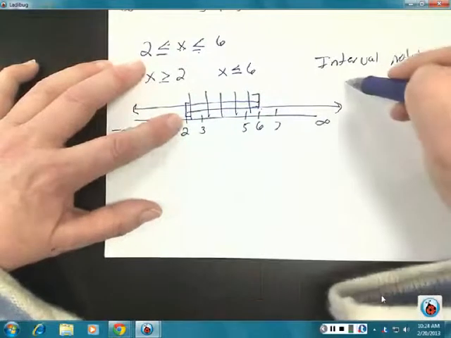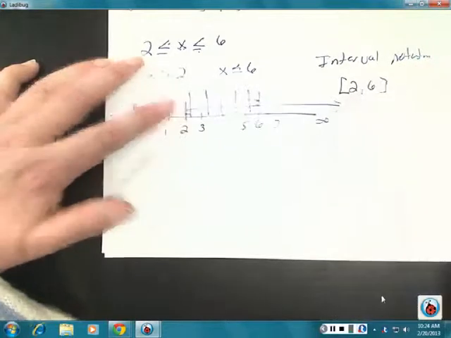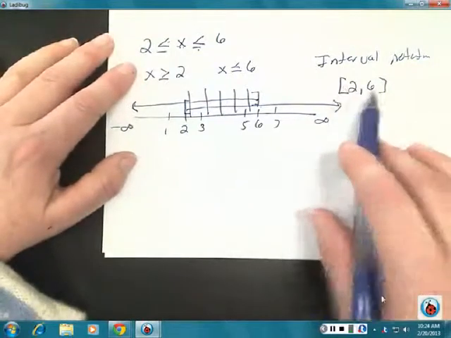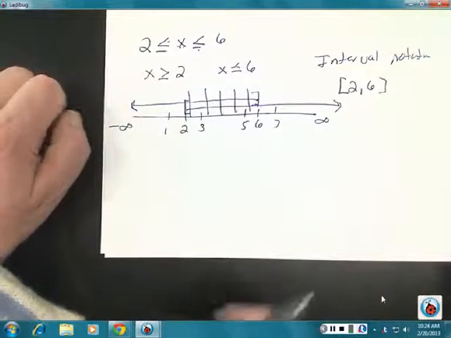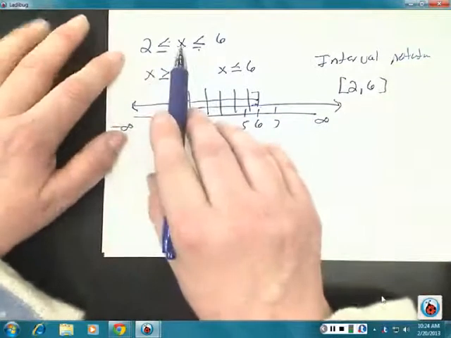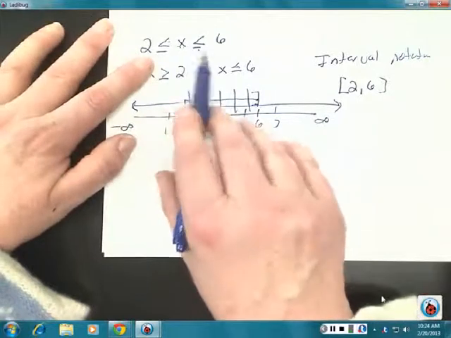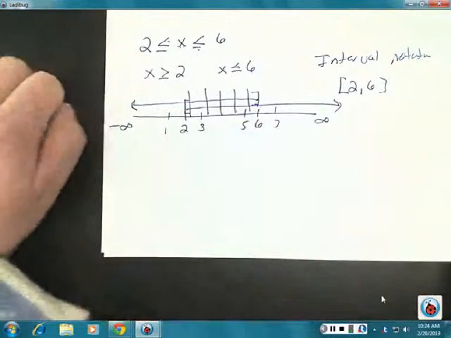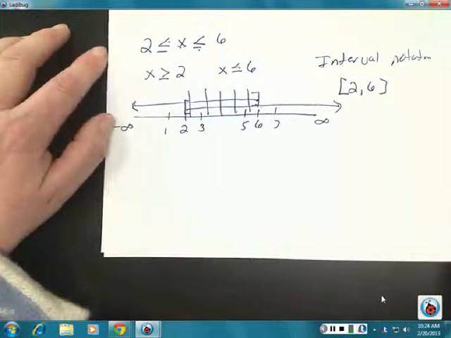Well, my answer would be a bracket, 2 to 6 with a bracket. And this tells the person looking at your problem, I want only pick numbers between 2 and 6, including 2 and including 6. So I could put a 5 in here and it would work, right? Yep. Because 2 is less than 5, and 5 is also less than 6, so it meets my specification. So you got some things that overlap. Okay?